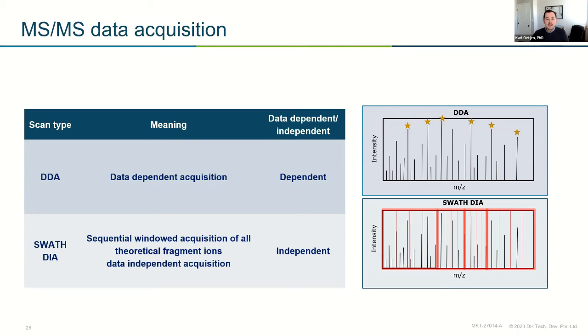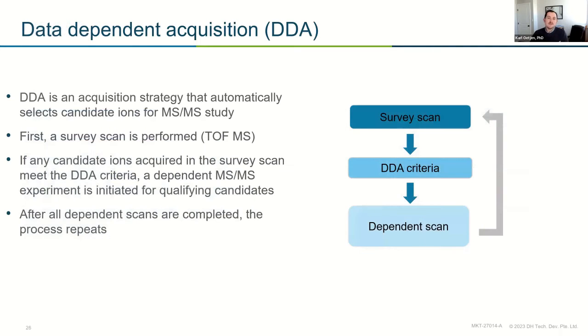So for data-dependent acquisition, which I'll go through first, we are using a piece of information. We're saying, hey, do that TOF-MS scan. Then if any of the ions in that scan meet this criteria, do an MSMS experiment. And that criteria can really depend on what the goals of your study are. Sometimes that will be set to things like neutral loss. Do you see this neutral loss in the survey spectrum?